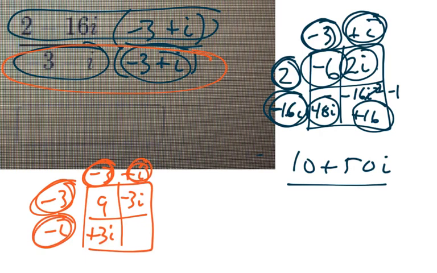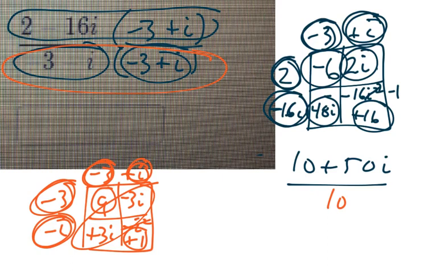And i times negative i is negative i squared, which becomes a positive 1. i squared is negative 1, and negative of a negative is a positive. So, guys, notice what I got. 9 plus 1 is 10. The i's cancel out. That, again, is what the conjugate does.